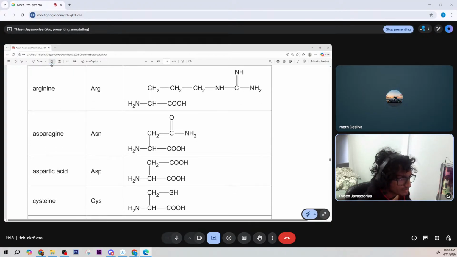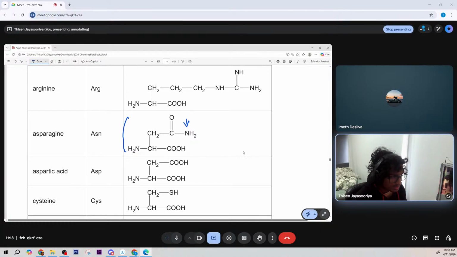So for example, if we had asparagine, it won't form a Zwitter ion, as I said before, because it has an amino group on its residual chain. So here, if this one's in acidic conditions, this is what it's going to form.